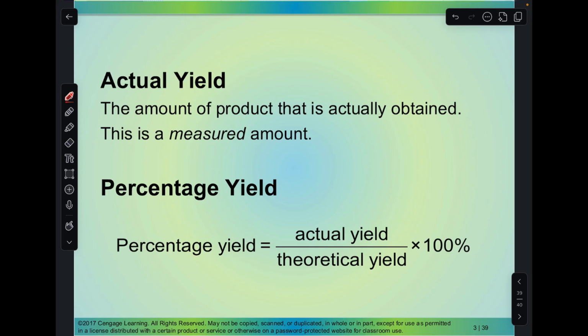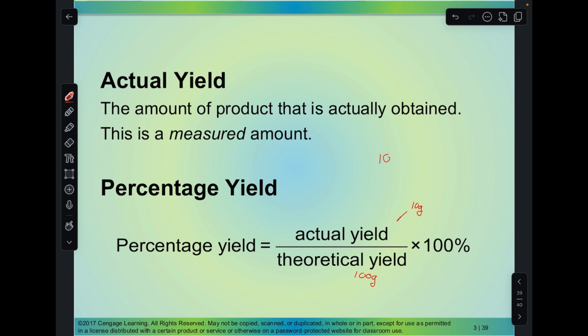Okay. Your actual yield is what you get when you do this experiment in real life. So if you got an actual yield, this would be your measured amount, and that is what you're going to use for your percentage yield. Let's say that you got 10 grams, and your theoretical yield was 100 grams.